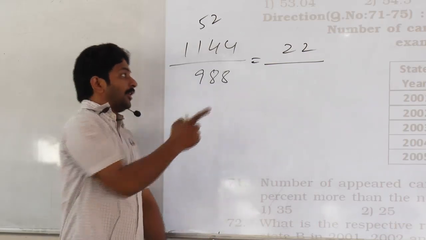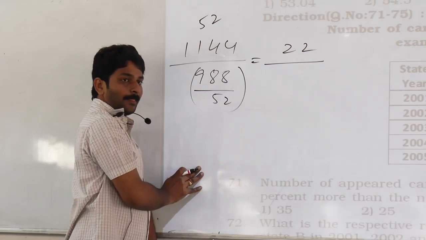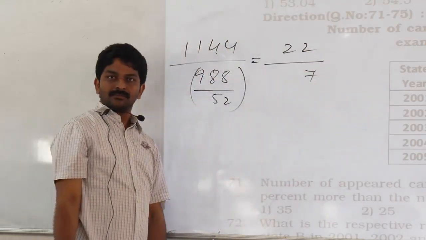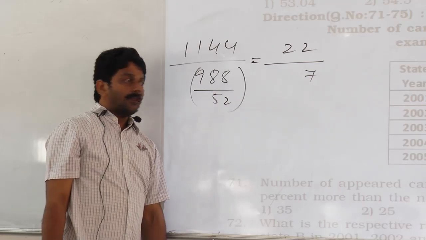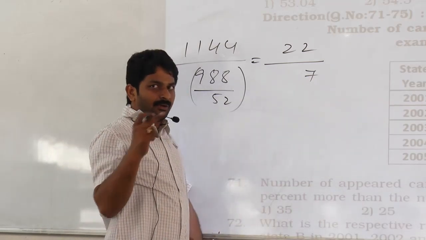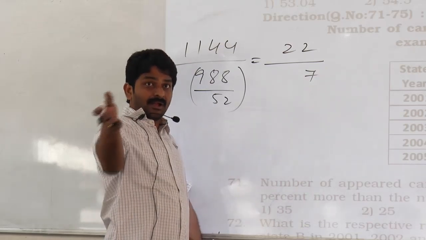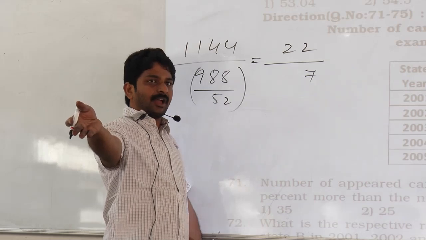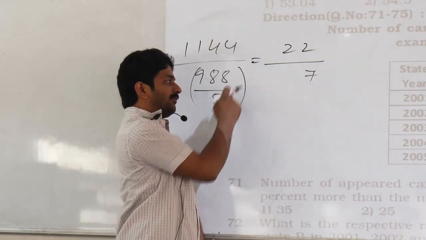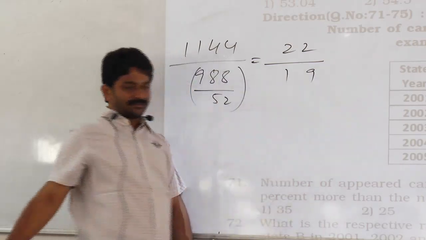If you divide this number by 52, will you get the last digit as 7 or 9? Why am I verifying only 7 and 9? Because in the third option and fifth option, that is the only difference. Will you get 7 or 9 if you divide 988 by 52? Yes. Answer 19.